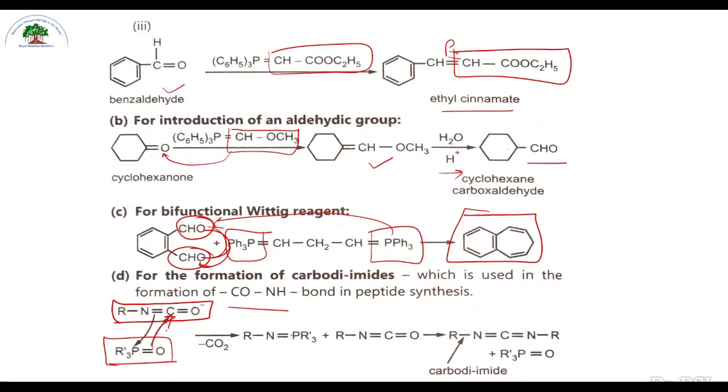This attacks on the carbonyl carbon of isocyanate, and this double bond attacks on the phosphorus. We get the carbodiimide finally. Thank you.